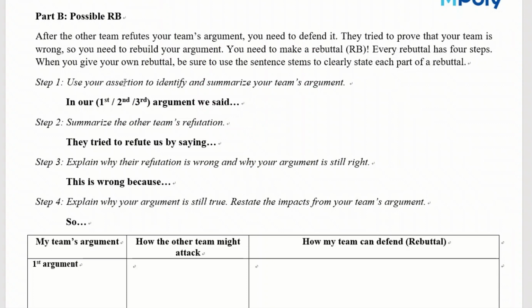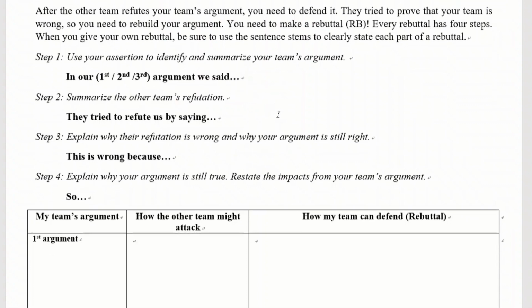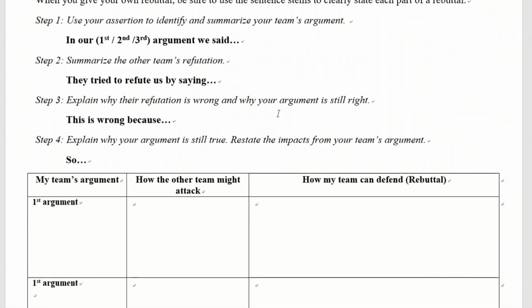When you give your own rebuttal, be sure to use the sentence stems to clearly state each part of a rebuttal. So, just like your refutations, we have these sentence stems for you. Please use them. Do not change them. Just use them. They're there to make your life easier. All right? So, today we're pretending to be the pro team, right?